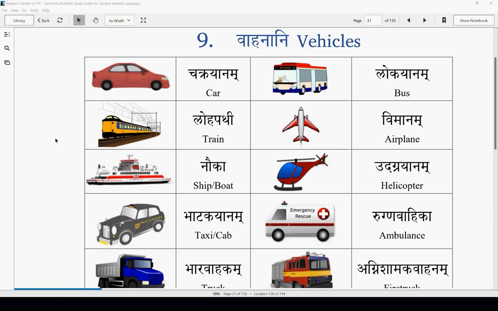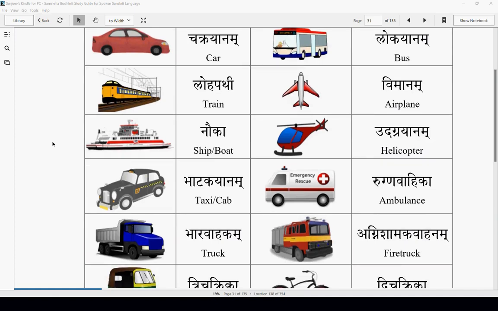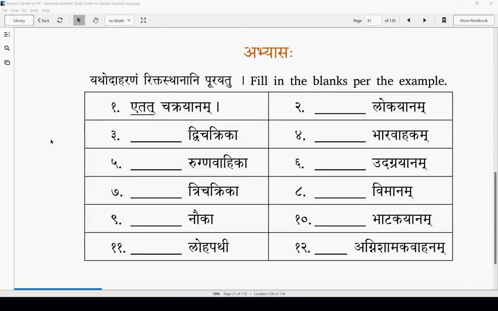So based on that, I picked up this word, Chakrayanam, just for personal use kind of. Okay, any questions before we move forward?